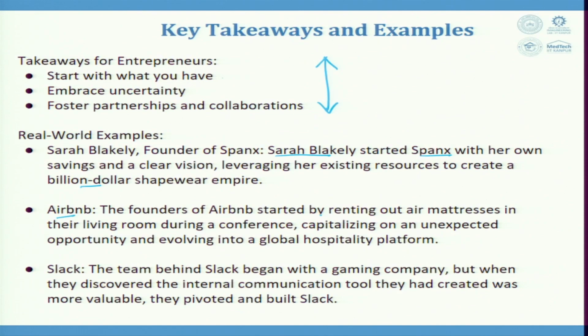Airbnb started by renting out air mattresses in their living room during a conference, capitalizing on an unexpected opportunity and evolving into a global hospitality platform. The team behind Slack began with a gaming company, but when they discovered the internal communication tool they had created was more valuable, they pivoted and built Slack. So, the shapewear empire is very big. She started it with her own resources.